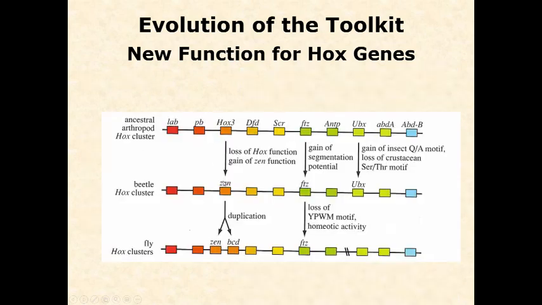So HOX3 sometimes goes by other names because these were identified before it was recognized as a homologue of HOX3 in other animals. And in the fruit fly we have one that we call Zen and one that we call bicoid. And you guys already know bicoid. So remember, bicoid has taken on this brand new function in the fruit flies.